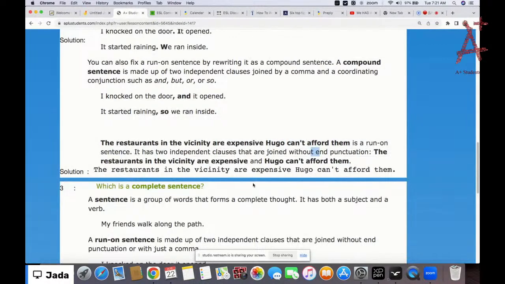So what do you do to fix them? You see, the restaurants in the vicinity are expensive and Hugo can't afford them. So that's basically it.